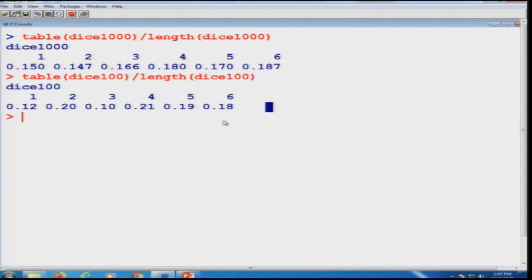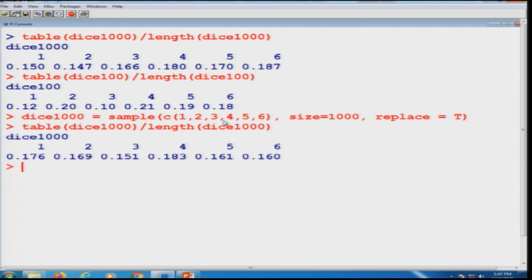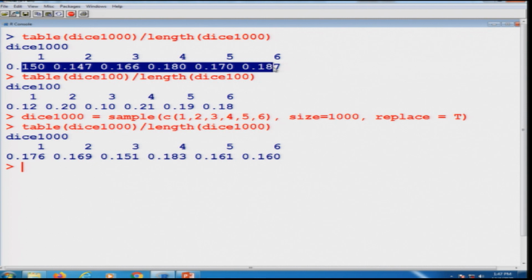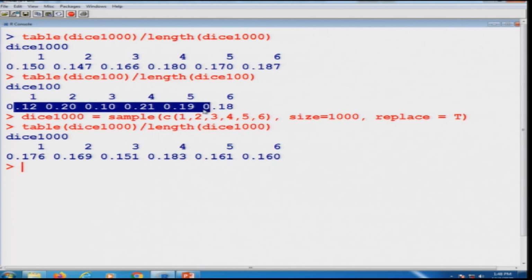And if you repeat this experiment with 1000 values once again and compute the relative frequencies, earlier the values were like 0.15, 0.147 etc., but now these values are 0.176, 0.169 etc., and these two are different. But definitely the difference among the relative frequencies of 1, 2, 3, 4, 5 and 6 is much smaller than the difference in the relative frequencies when we had only 100 observations.